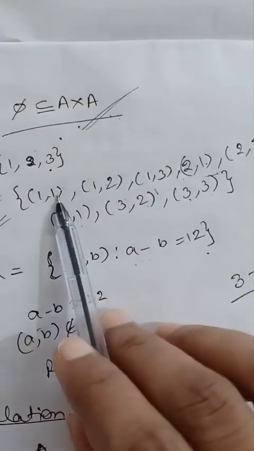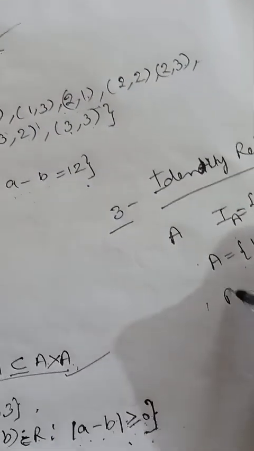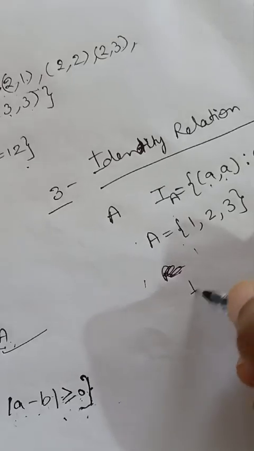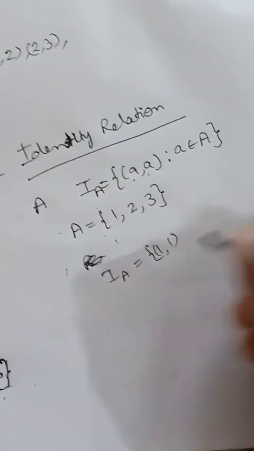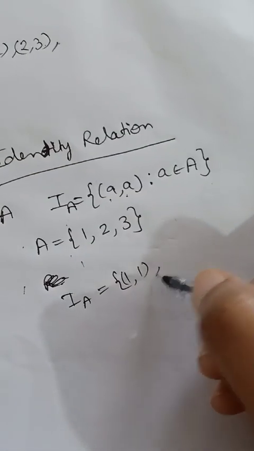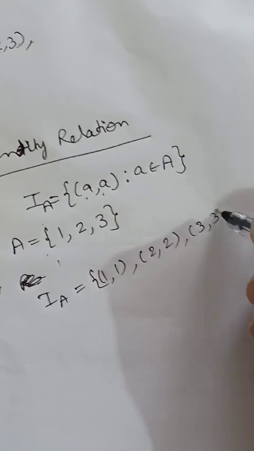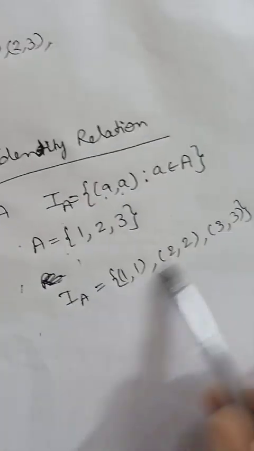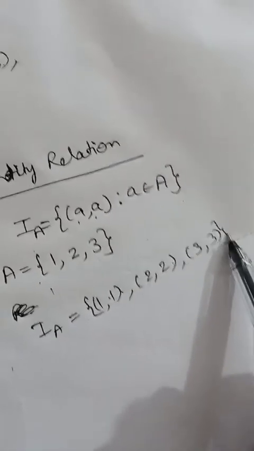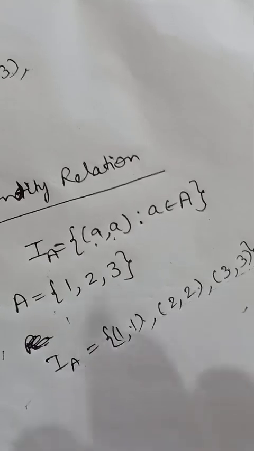So (1, 1), (2, 2), (3, 3). This is known as the identity relation. You can see 1 is related to 1, 2 is related to 2, 3 is related to 3. So this shows the identity relation.